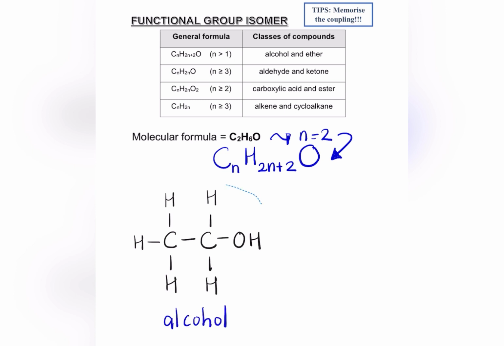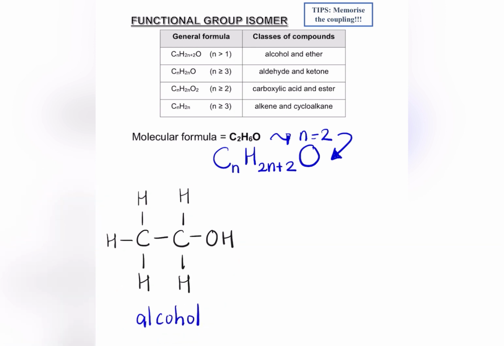And the next one, I'm going to draw with its couple, which is ether. So how do you draw ether? For ether, the functional group will be C bonded to O bonded to C. And this is the functional group for ether. The rest of the C atoms will have 4 single covalent bonds.